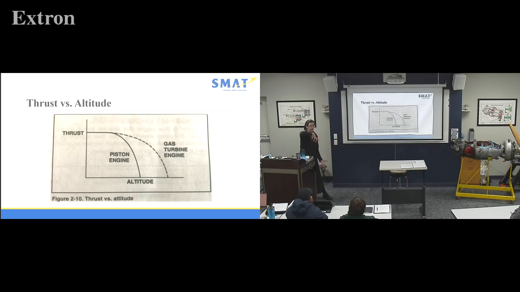Okay. Can I add to that? Sure. One of the things you're probably going to read in the textbook too is that when we deal with a fan, a turbofan, or a propeller, you're taking a relatively large mass of air and moving it at a slower speed. That's what a propeller does.